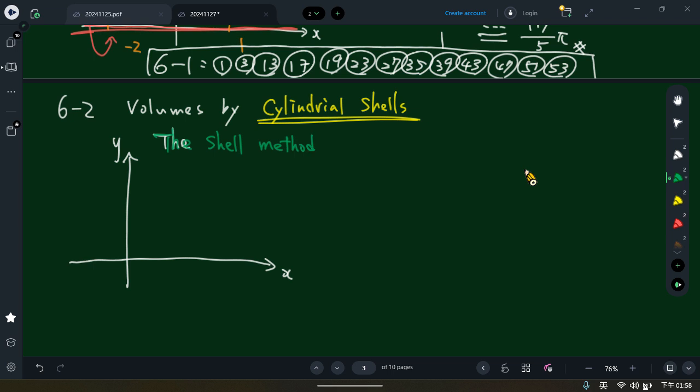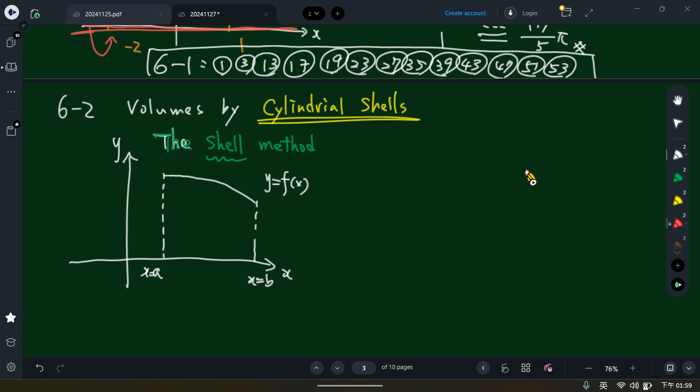The third method we will learn, in addition to the disk method and washer method, is the shell method. So the shell method is just like this. I still give you y equals some function of x, and I also give you the start point x equals a and the end point x equals b.